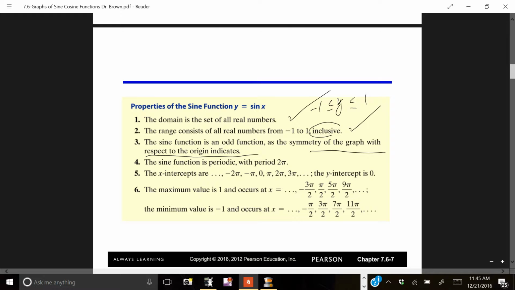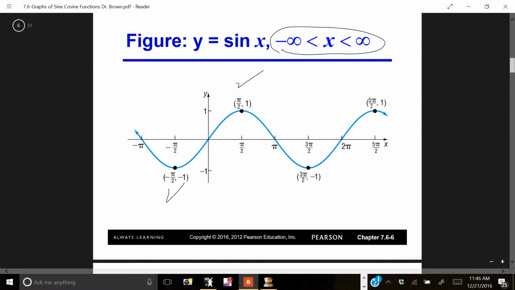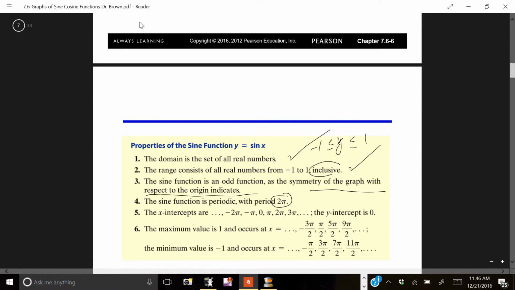The sine function is periodic with a period of 2 pi. And therefore you can see that the intercepts are going to be 0, pi over 2, 2 pi, and then multiples of pi.